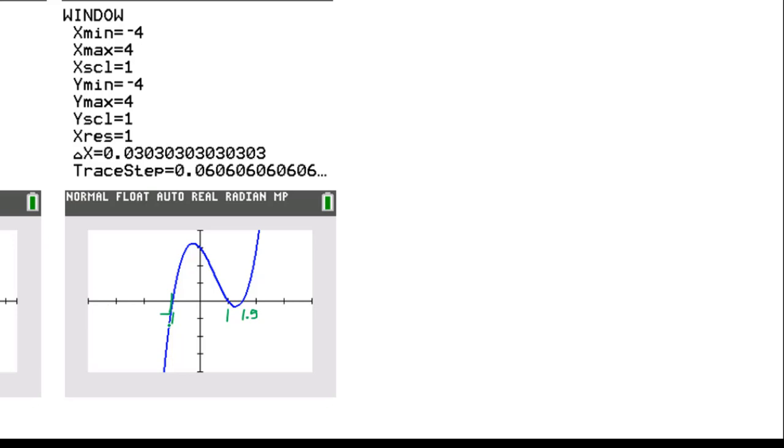But I know that the zeros are -1, 1, and 1.5, and I know that the graph is above the x-axis between the -1 and 1 and to the right of 1.5. So that would tell me my solution set is -1 to 1 with the brackets and bracket 1.5 to infinity.